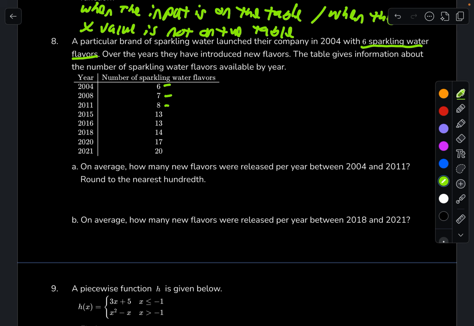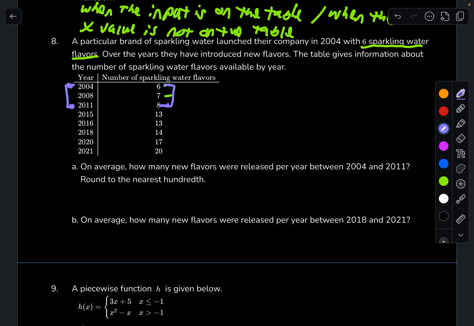So the question is, on average, how many new flavors were released per year between 2004, so let's mark that off, 2004, which is right here, and 2011. So we're looking between these years, right here. So on average, you just find the slope.